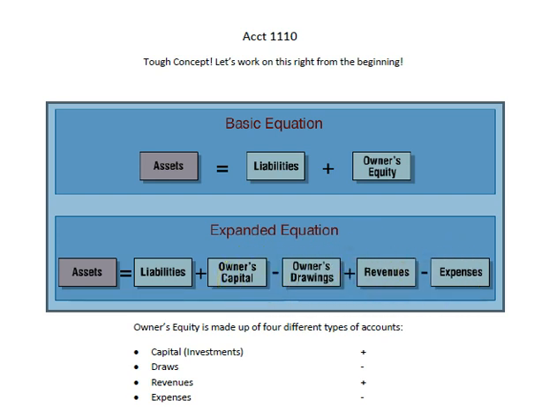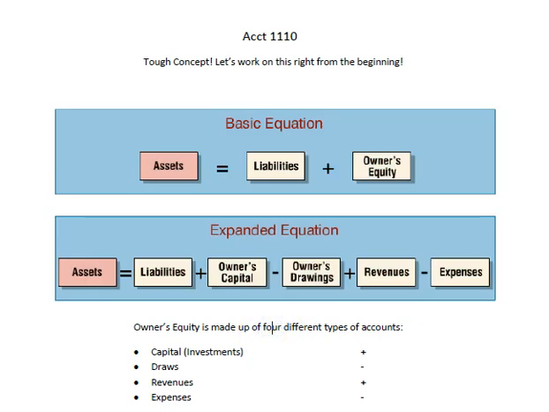There is owner's capital, which increases owner's equity, owner's drawings, which decrease the total of owner's equity, revenues, which increase the total of owner's equity, and expenses, which decrease the owner's equity. So, owner's equity has four different types of accounts that live within it.